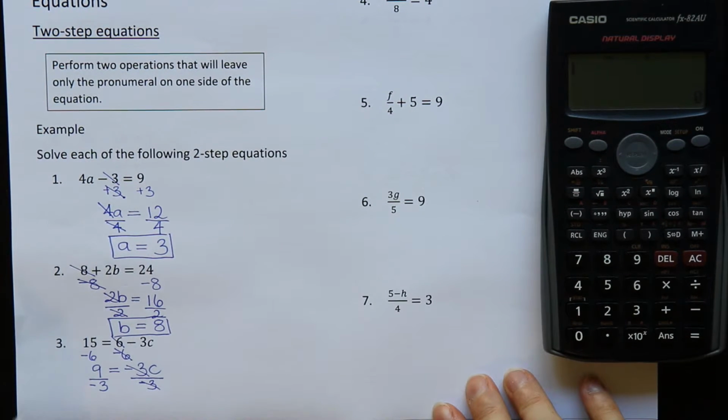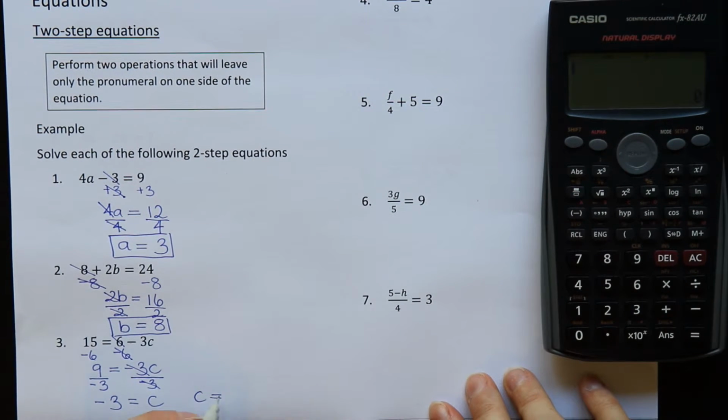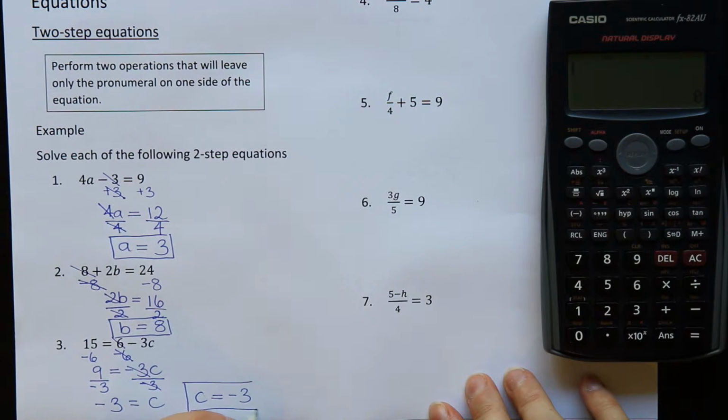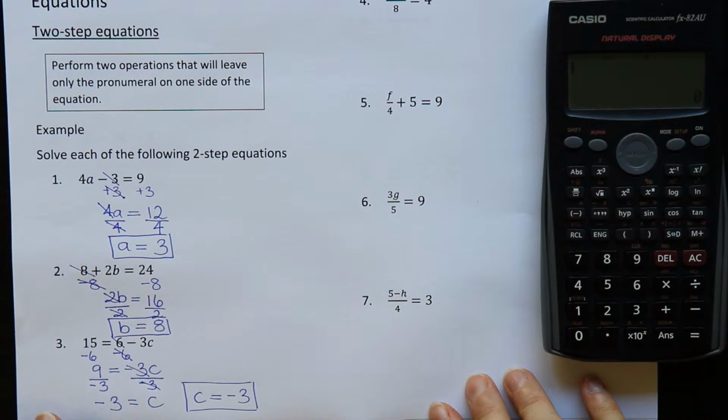Cancel those away. 9 divided by minus 3 is minus 3, which is equal to c. Now, if you don't like having your c on the right-hand side, you can always rewrite that to say c is equal to minus 3. Just switch the sides around. That looks a bit more like what we're used to seeing.